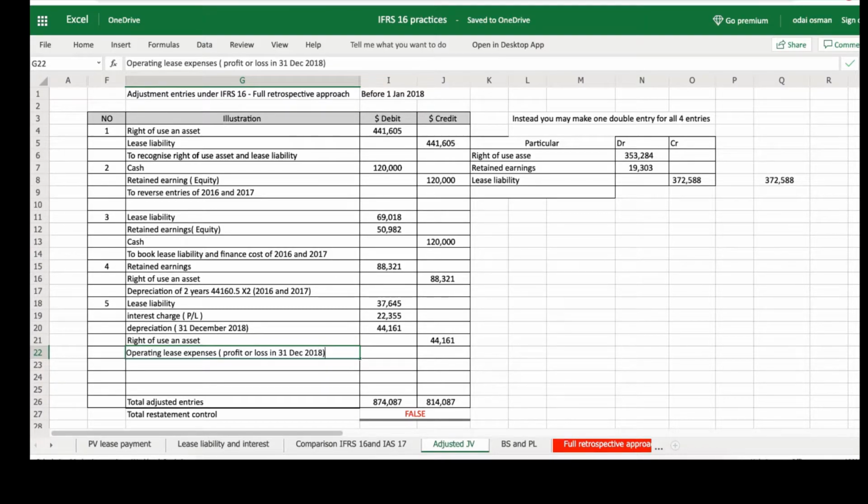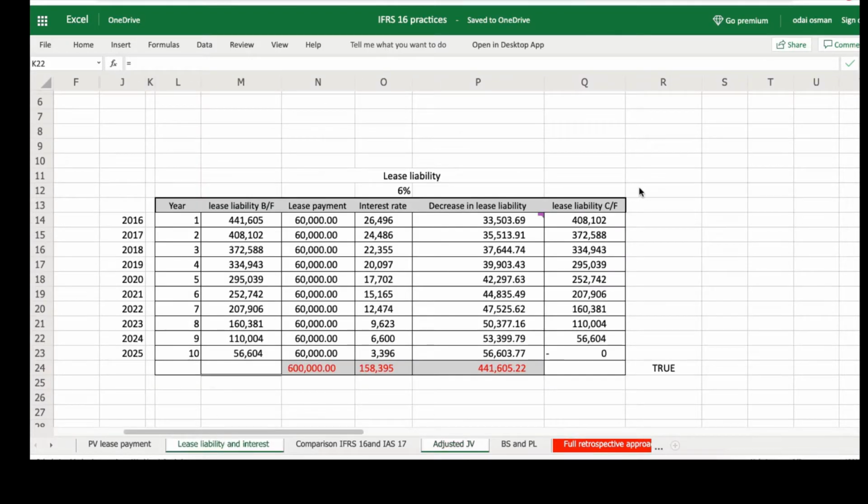This would give us the total of this plus this amount, or alternatively you can say equal 2018: we have interest charge plus the lease liability.